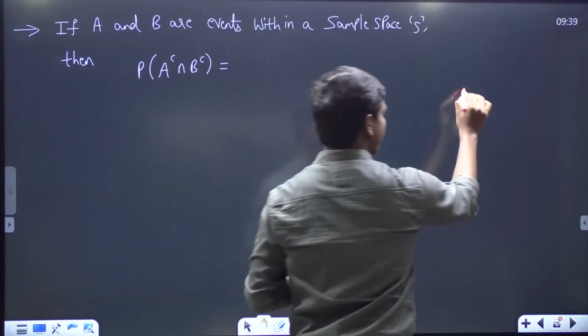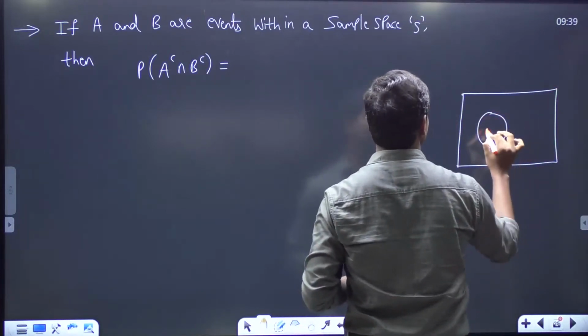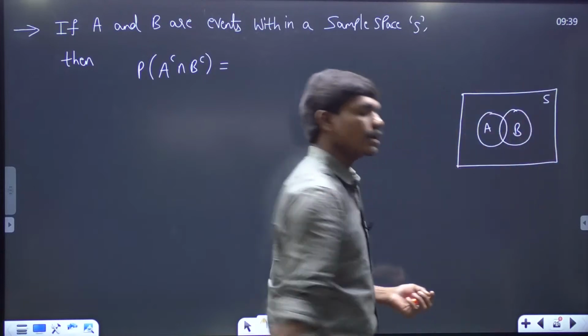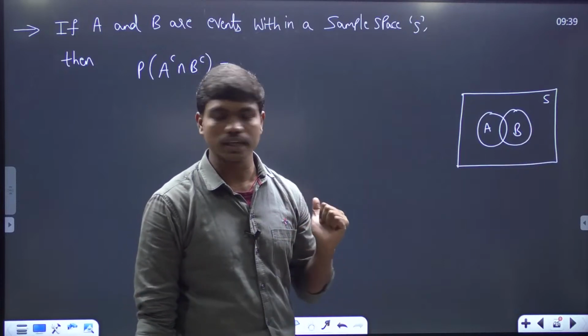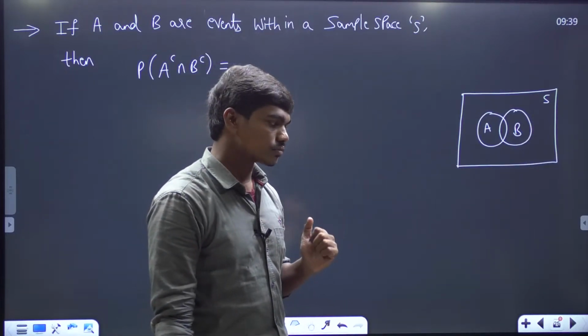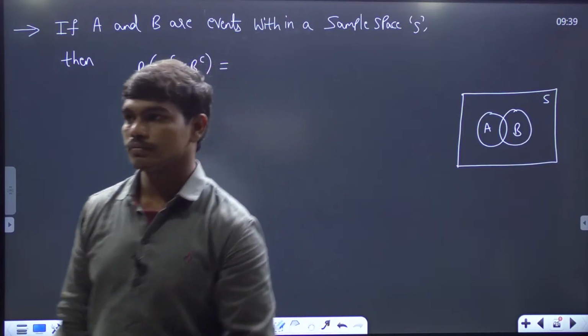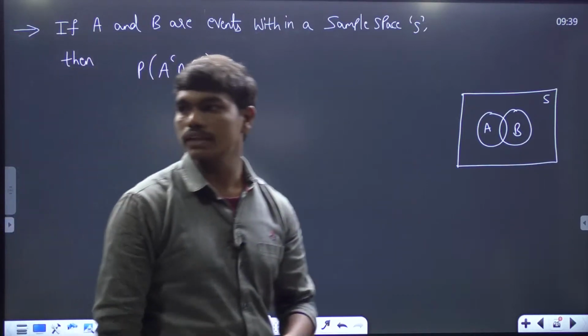Take the help of a Venn diagram. This is A and this is B, for example, and this is S. Now what's the probability of A complement intersection B complement? Around 48 people are on live, so please tell me the answer.